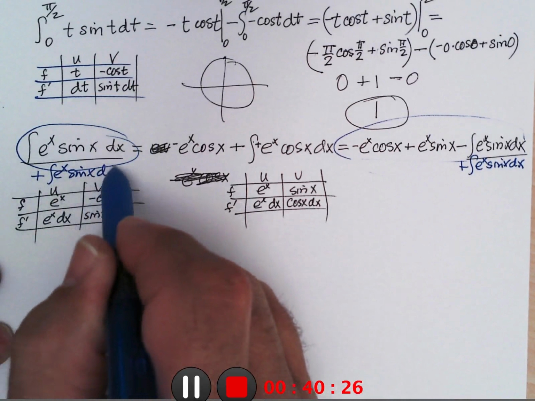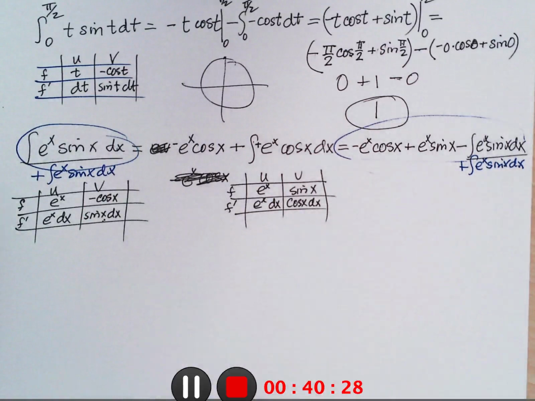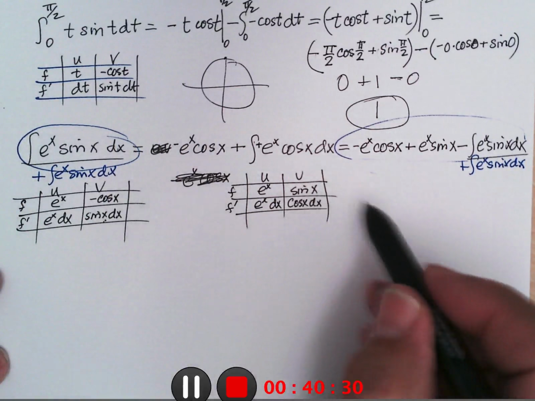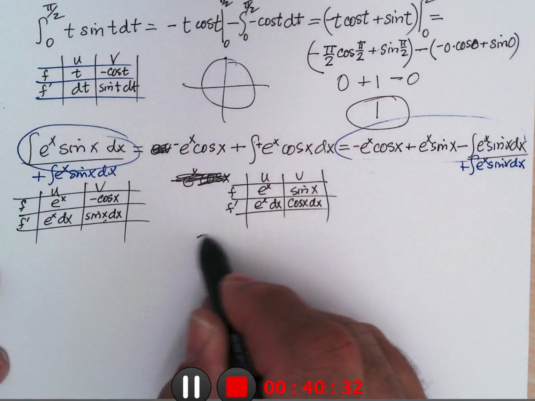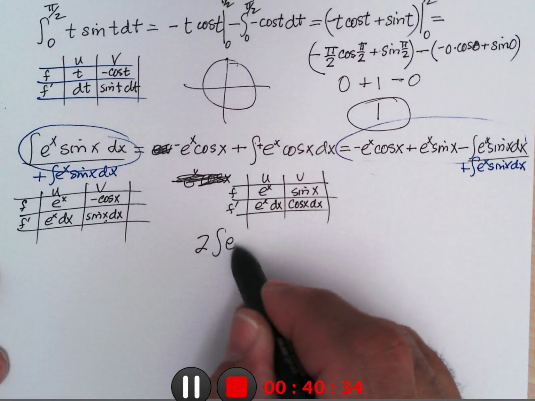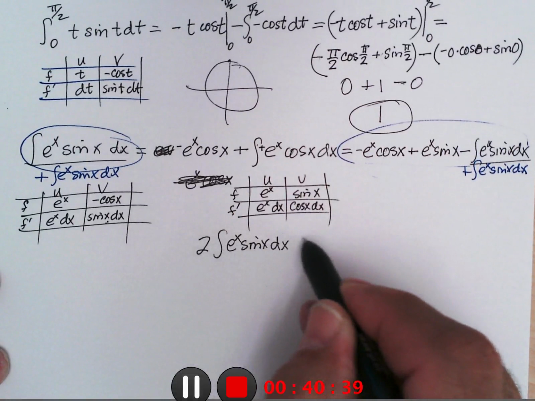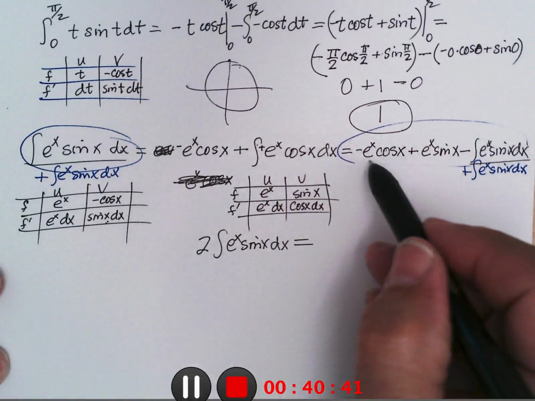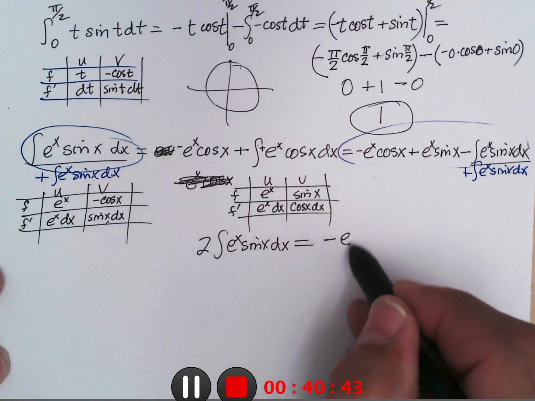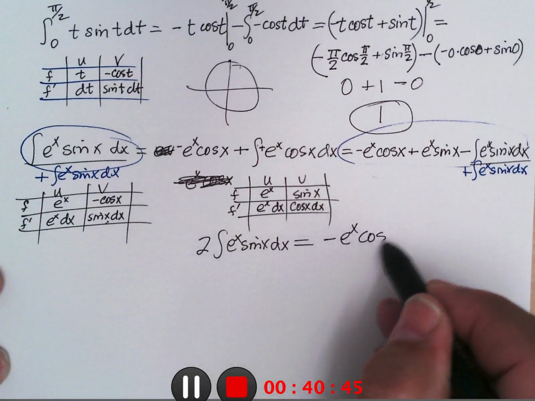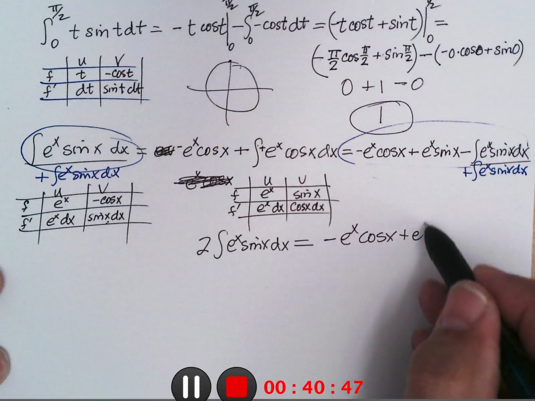And I get two of these. So I get 2 integral of e to the x sine x dx equals negative e to the x cosine x plus e to the x sine x.